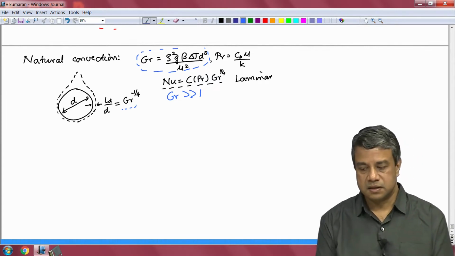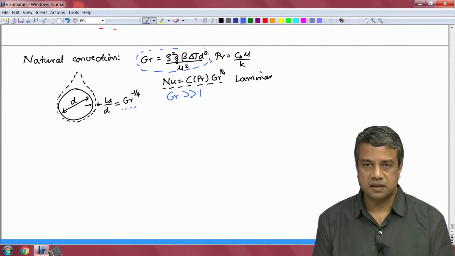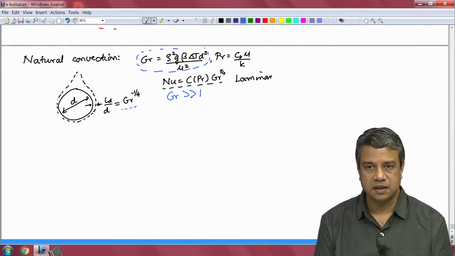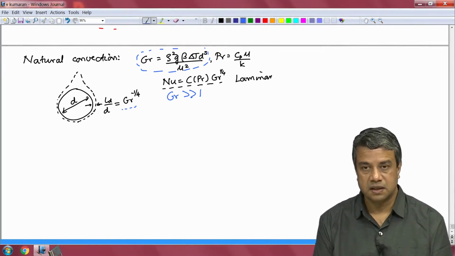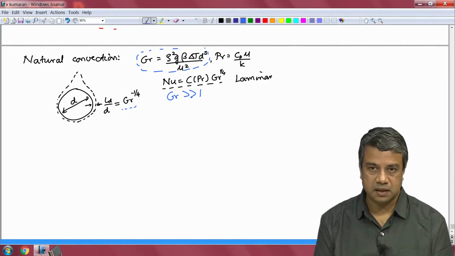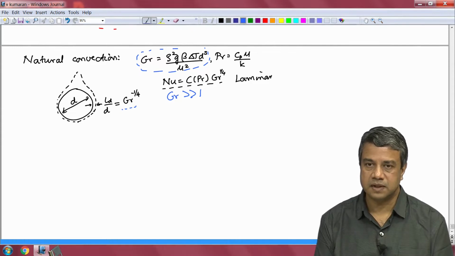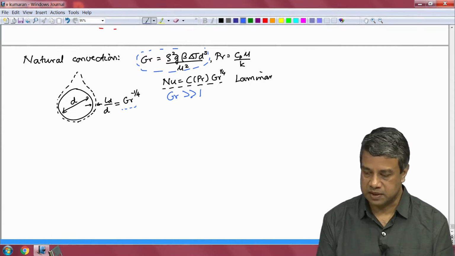So long as the Grashof number is large, this thickness is much smaller than the characteristic dimension. So, that is the diffusion length. The diffusion time will be L_D square divided by alpha, or L_D square divided by the diffusivity for mass transport.